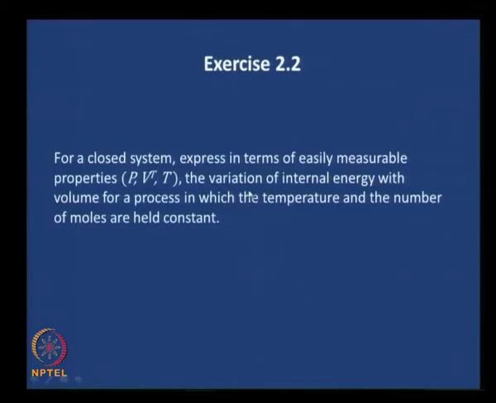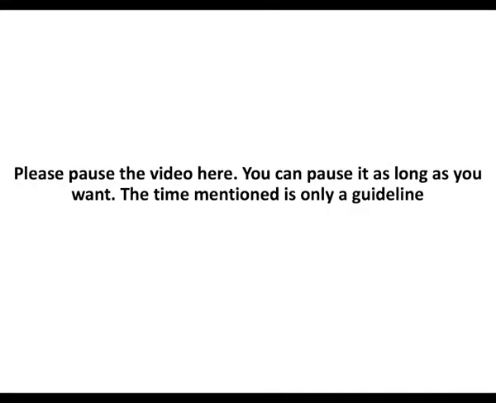Essentially we are looking for dou Ut, the variation of internal energy, with volume. So dou Ut dou Vt at constant temperature and Ni. Please go ahead, you have about 10 minutes.